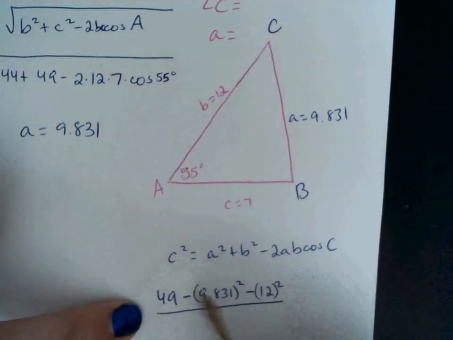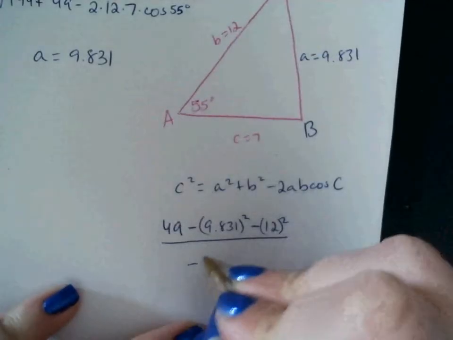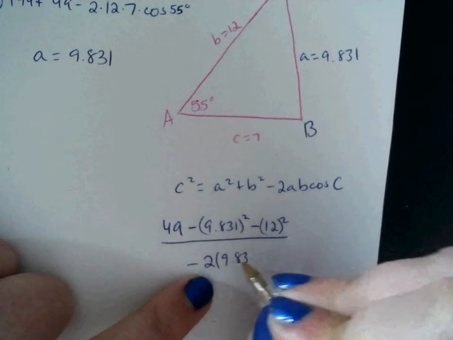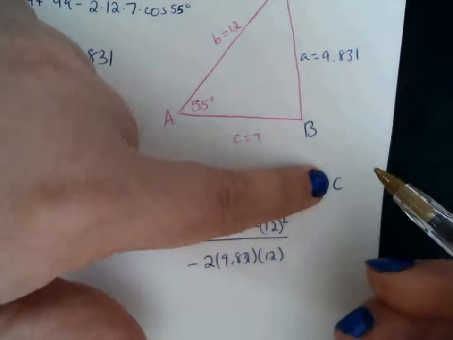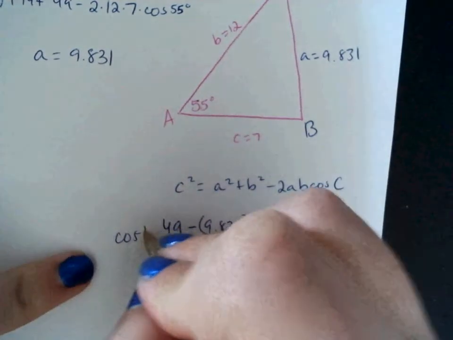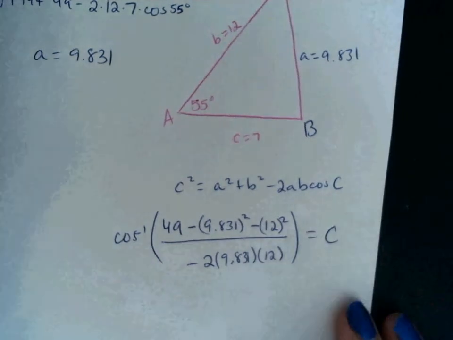Just don't float the negative to the top and only apply it to the 49. It would be both of those. All of those would change: negative, positive, positive. As it is, I'm going to say negative 2 times A, which is 9.831, and B, which is 12. Then that would be gone, and we would be left with cosine of angle C, so we would take the cosine inverse of that, and that equals angle C.